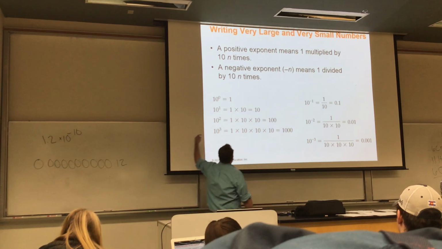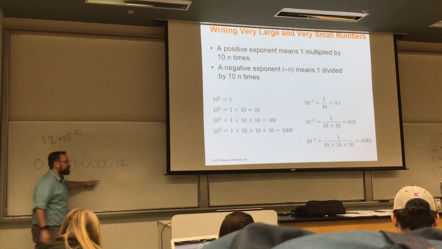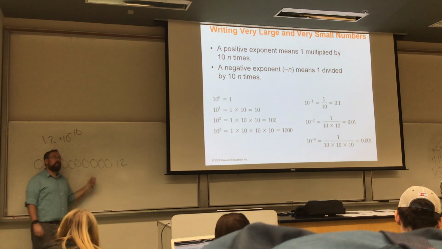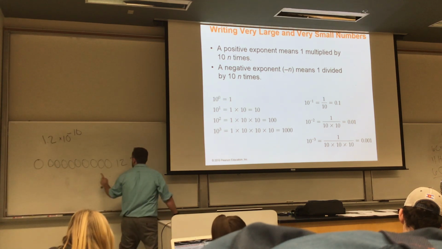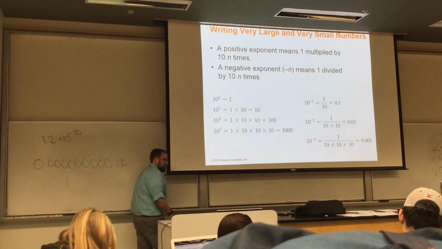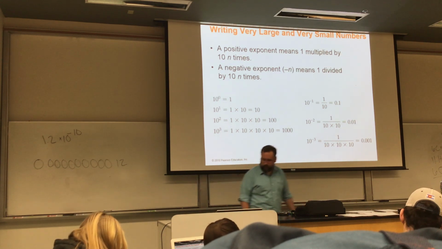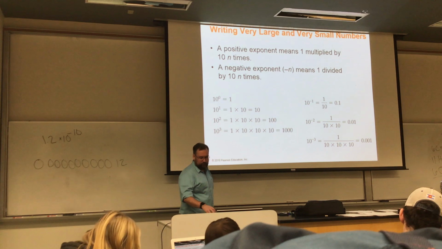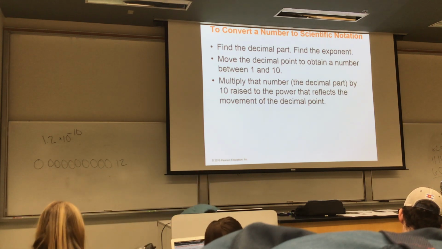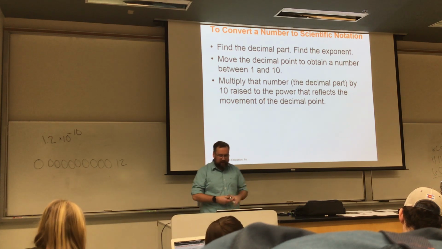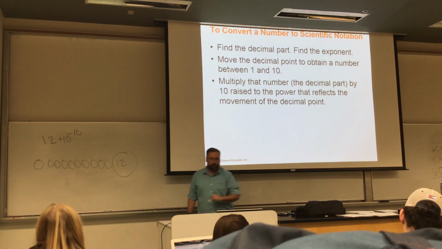So positive values will move our decimal point this direction. They're telling us that our decimal point was over here, and we brought it this way. A negative value says our decimal point was here, and we brought it this way. So to convert a number to scientific notation, we need to find the decimal part, in this case this value.